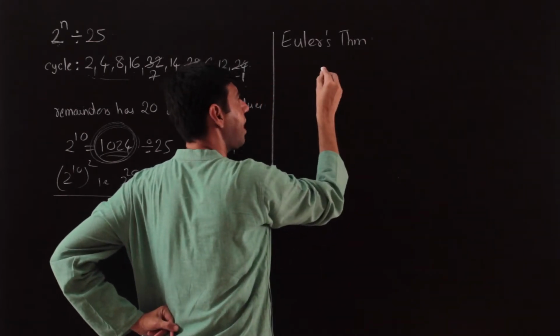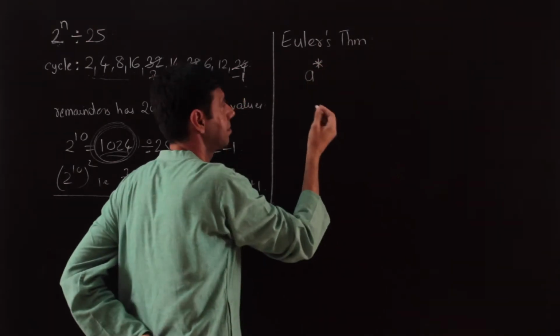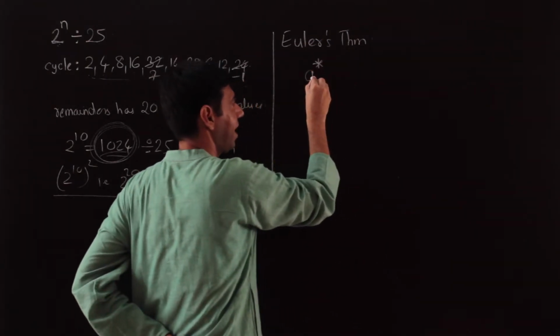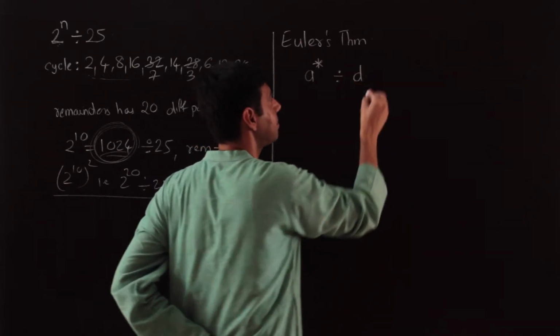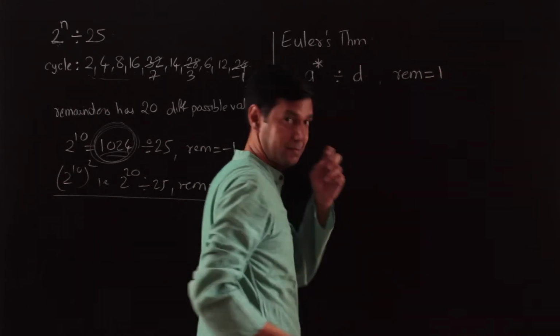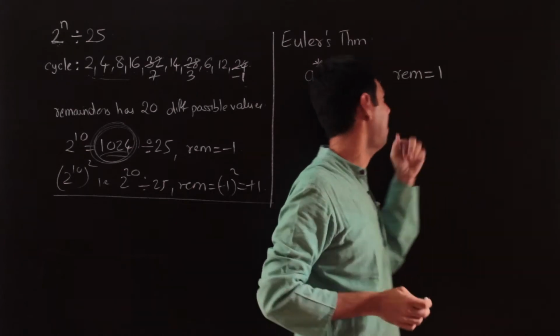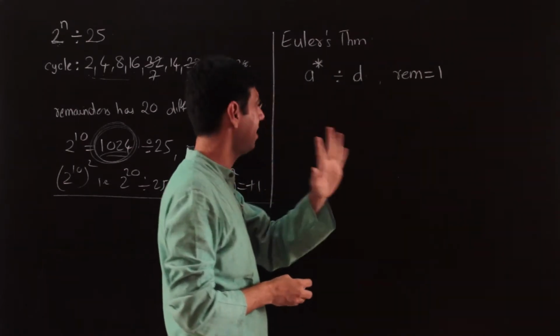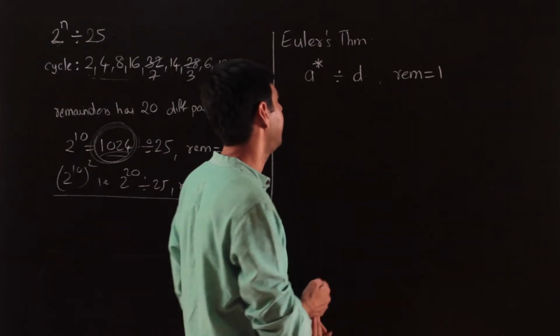So it says a certain power of A when divided by the divisor will leave a remainder of 1. Right? The cycle, somewhere we get 1. Would this always be there? Hang on, listen. Which power of D?